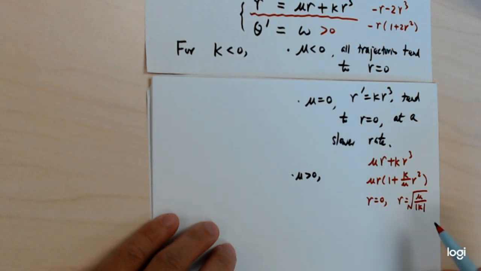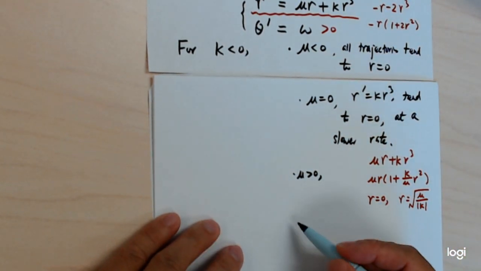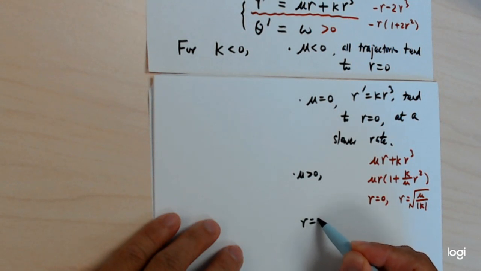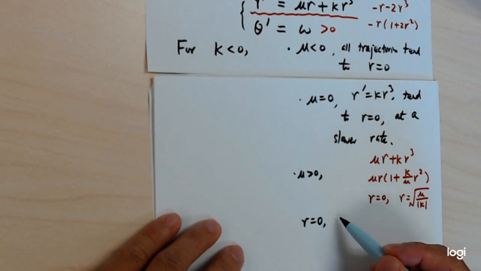So there are two equilibriums. You can analyze which one is stable, which one is unstable. R equal to 0 turns out to be unstable. Okay, let's call this repelling.